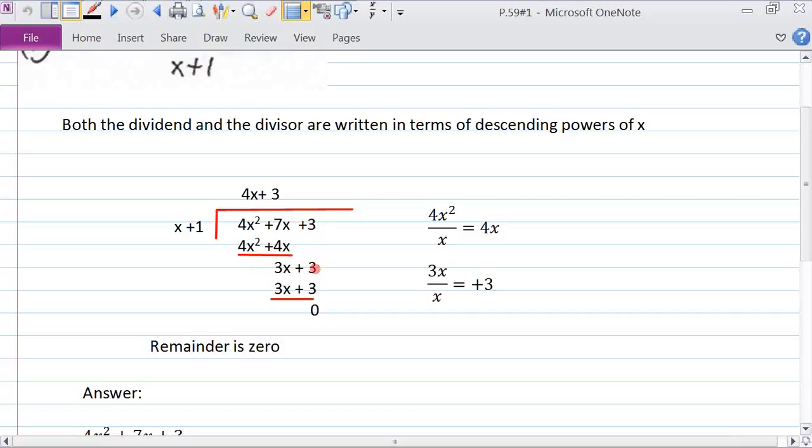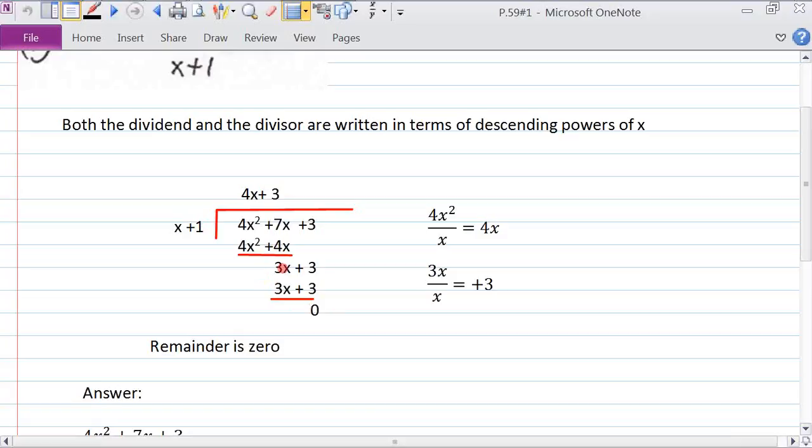I bring down the 3, and now I take this 3x, the first term here, and divide it by x. So 3x over x is 3, and that plus 3 is the second term here. I multiply plus 3 times x plus 1 here, and 3 times x gives me 3x. And 3 times plus 1 gives me plus 3.